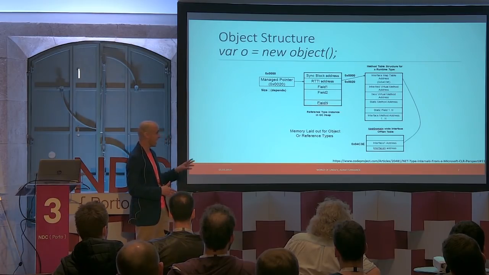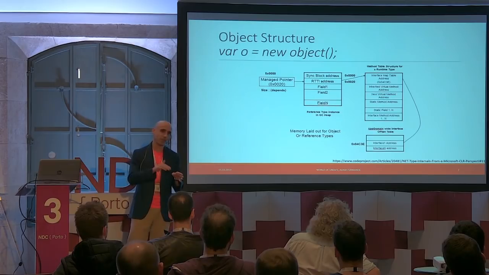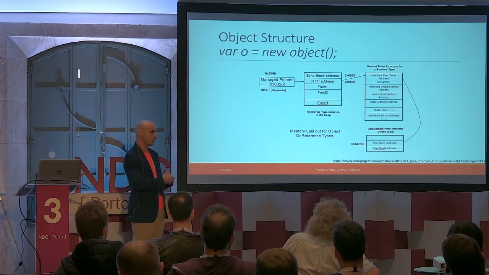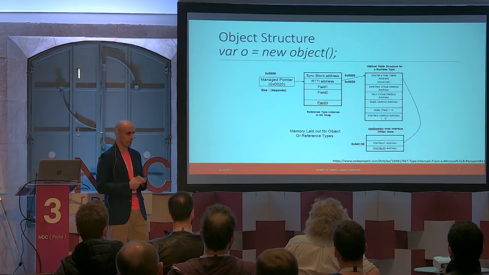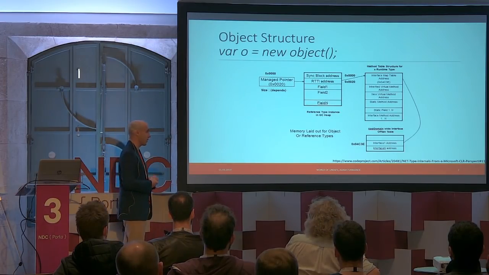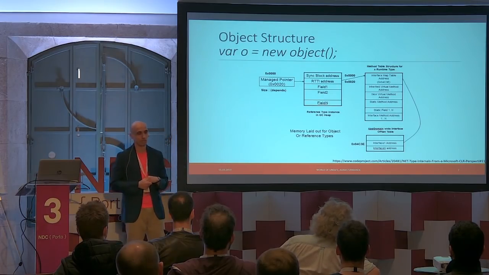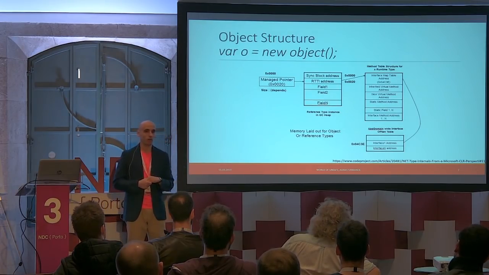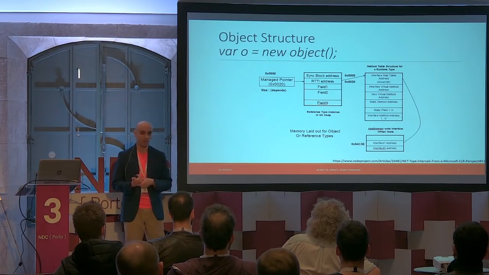Everything is stored there. So thanks to that, at runtime, we can ask the object, give me your tag, and then we can figure out the type of this object. We cannot do this with value types, because value types do not have an RTTI address. They do not have this execution engine class associated, so the only thing we know about value types is just some value. We don't know the type.